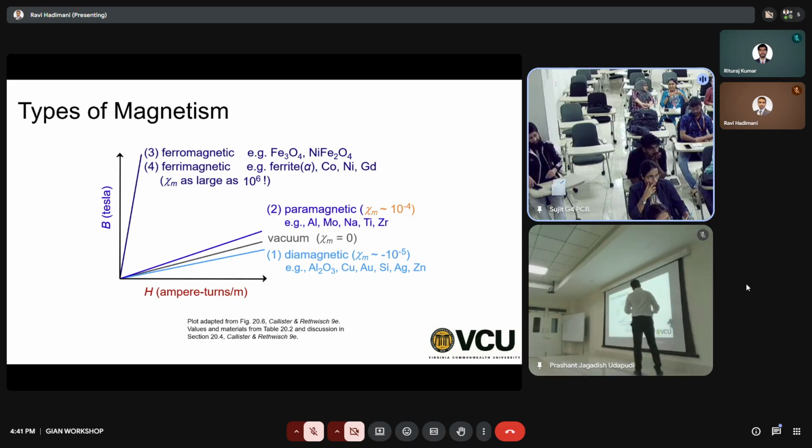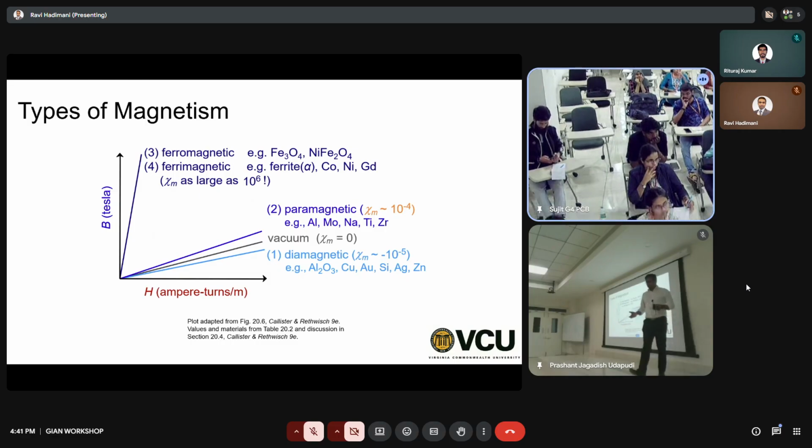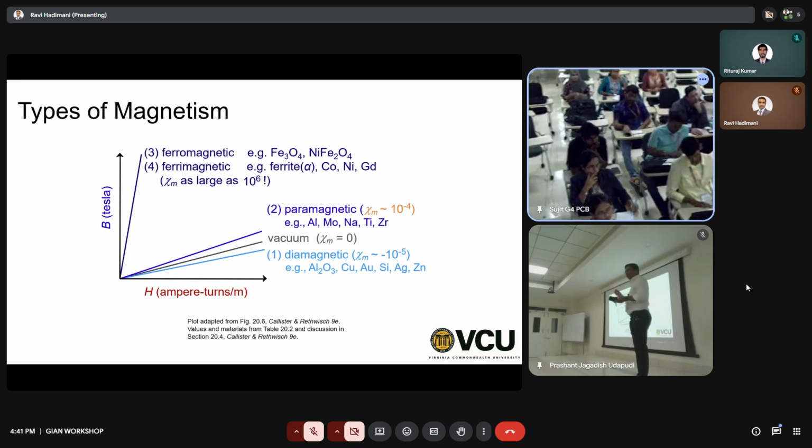That's a cool experiment. And then vacuum, of course, is zero. These diamagnetic materials repel the flux lines, but the repelling force is not that great, because the susceptibility is not a big parameter. And then there are paramagnetic materials whose magnetization or B increases, but only marginally.